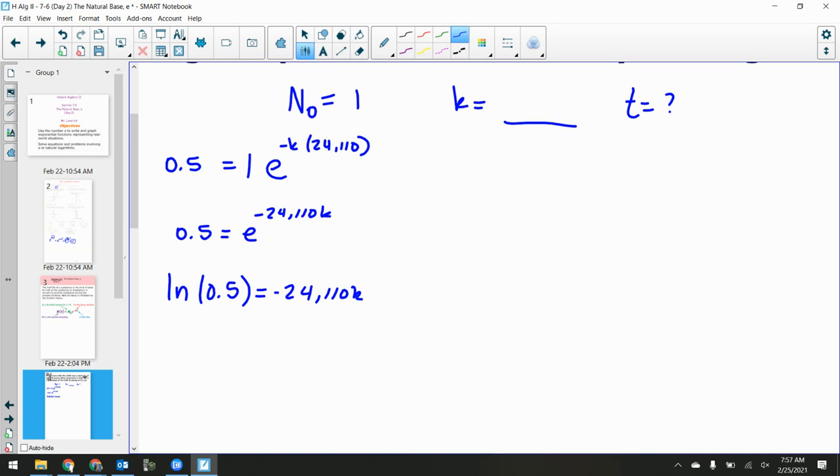Can we calculate what that is? Yeah, we have an ln button on our calculator. But let's divide by negative 24,110 first. Let's see what that's going to be.